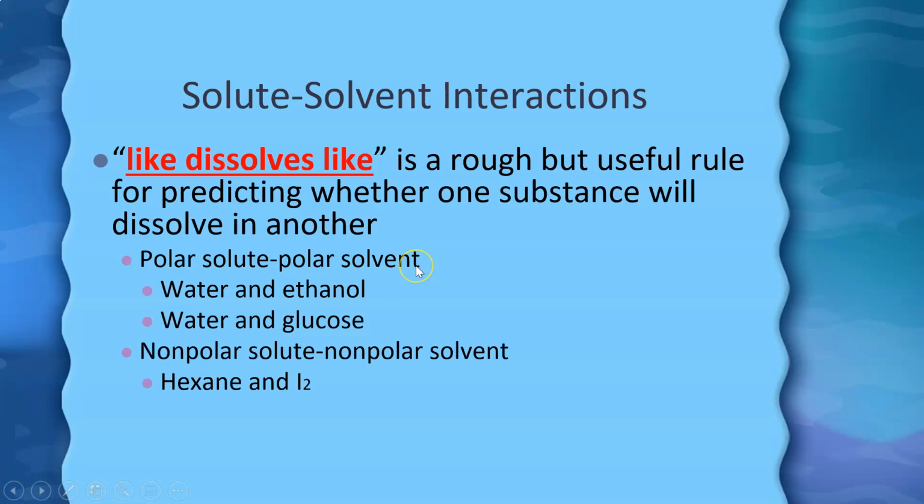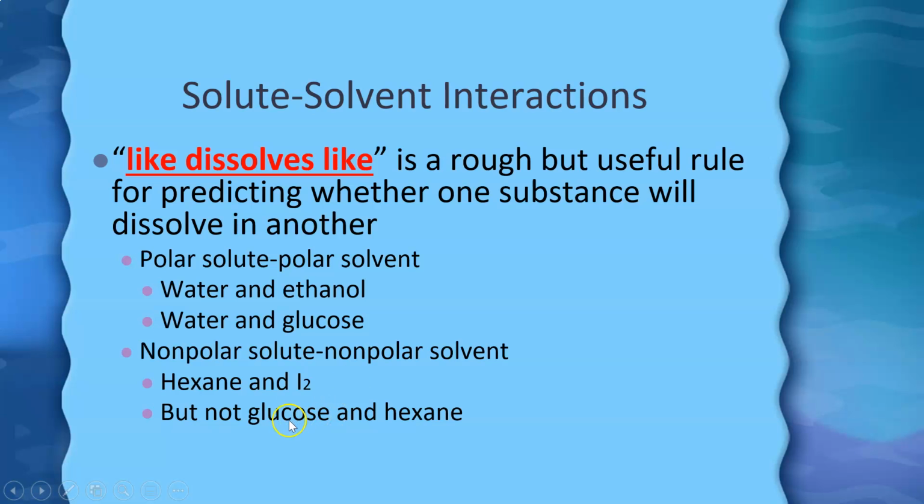A nonpolar solute then generally will dissolve in a nonpolar solvent. So iodine, for example, which is I2, that's completely nonpolar, completely symmetrical, was soluble in hexane. And our paradichlorobenzene, which was nonpolar, is soluble in hexane. And naphthalene was soluble in hexane.